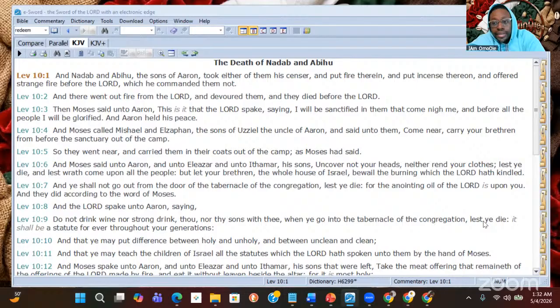So he's basically trying to calm Aaron with his sons being devoured by the fire, but they violated the protocol and did not operate according to the instructions. And the fire of Jehovah is a purifying fire. So it proves those who present themselves to it.